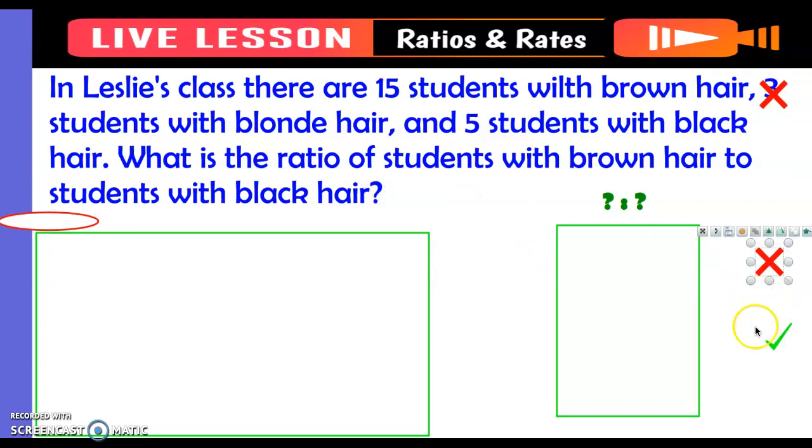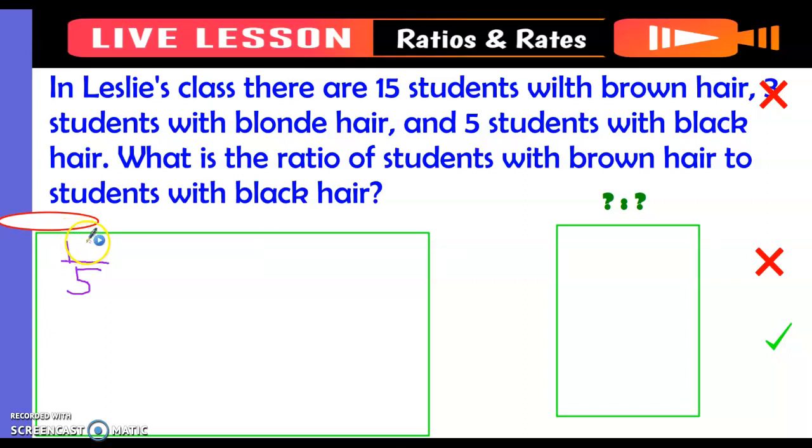All right. And then I want to go ahead and set up a ratio of students for brown hair to students with black hair. So that means I'm going to talk about 5 students with black and 15 students with brown.